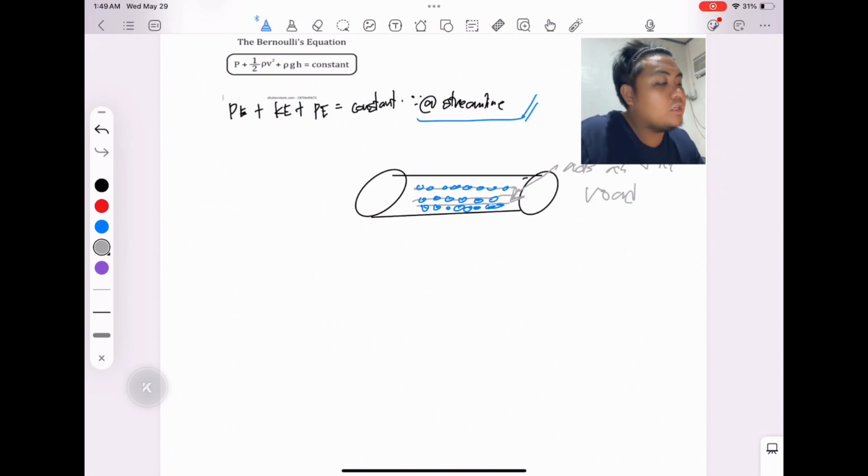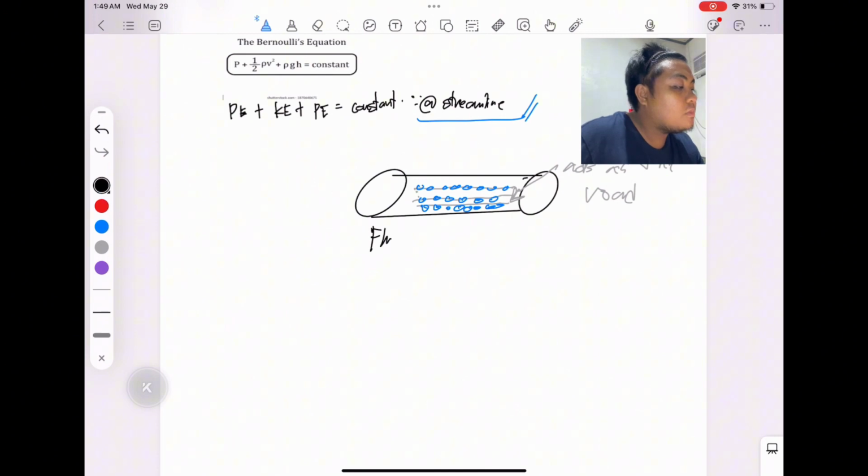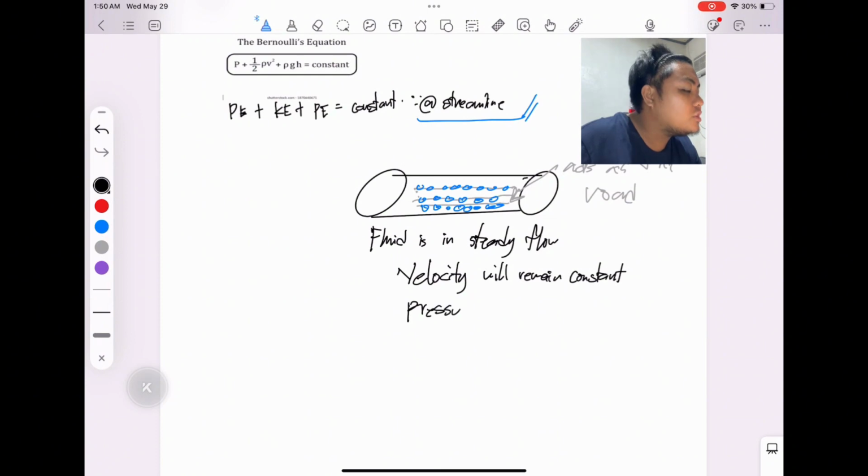Siya yung trail. Siya yung sinusundan ng fluid particles. So in Bernoulli's, we assume that the fluid is in steady flow, so that the velocity will remain constant and the pressure will also remain constant.